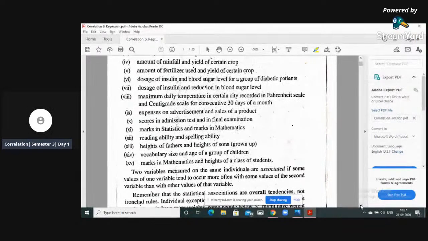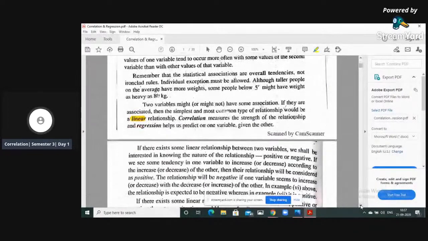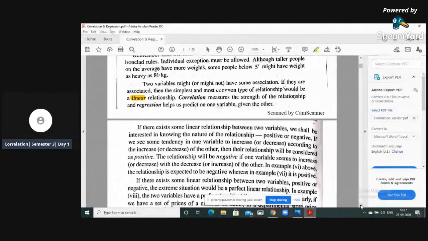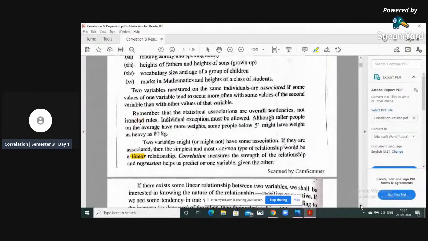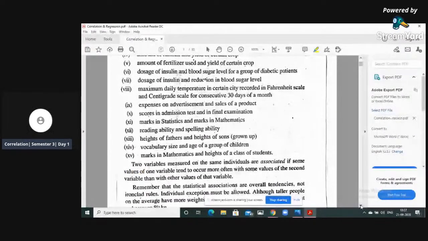However, example number 7 is positive. Example number 7 states dosage of insulin and reduction in blood sugar.